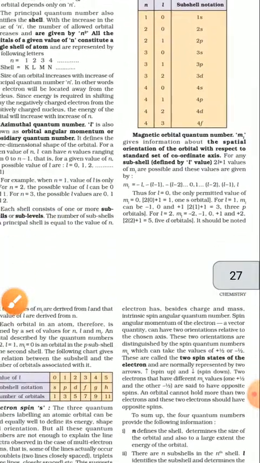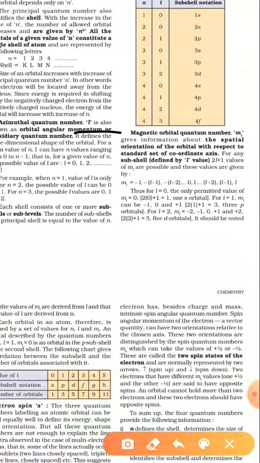Next thing we need to understand is the magnetic quantum number or magnetic orbital quantum number. It is represented mainly as M, but for the significance of study we have to study it as ML. It actually represents the orientation of the orbital. Orientation of the orbital means which axis it is tilted to.